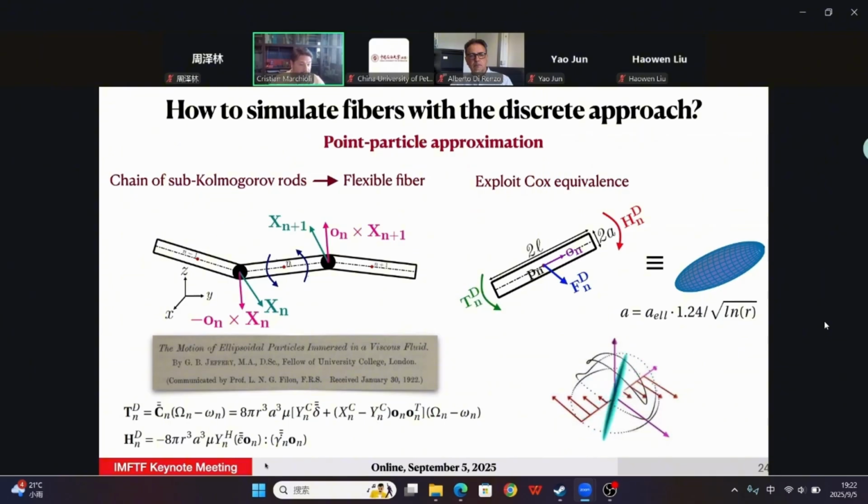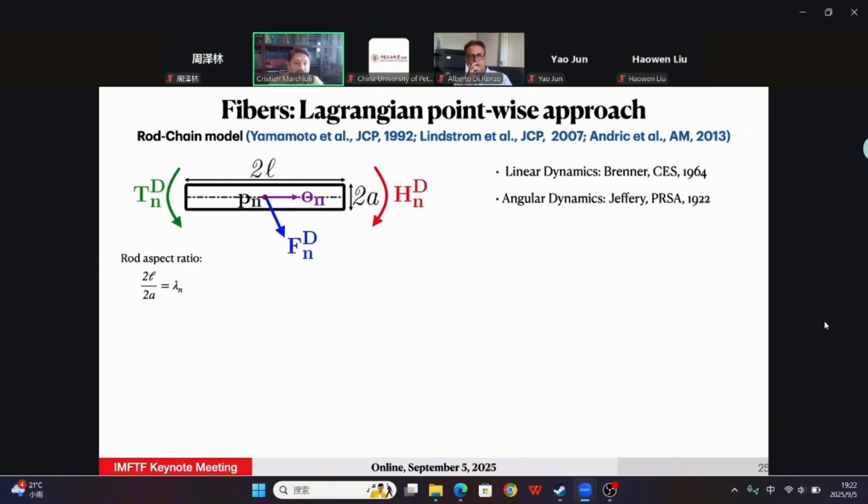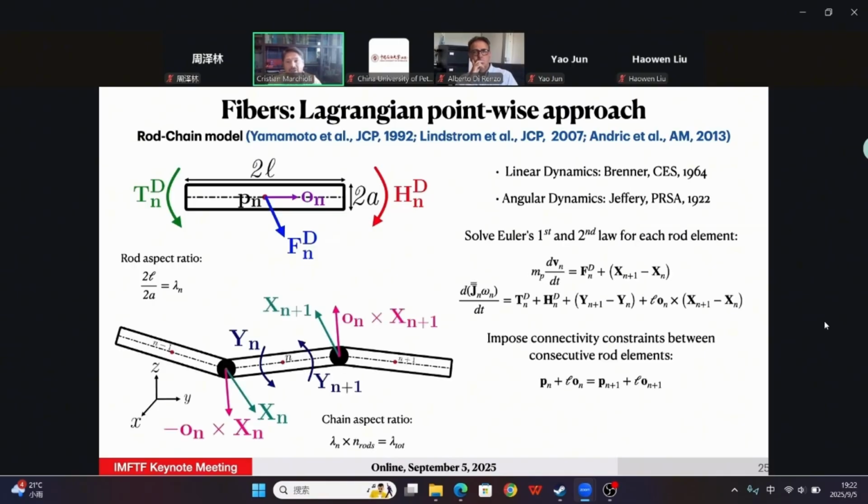So we are basically applying this expression to every rod in the chain. And when we put everything together, we have nice equations, both for the linear dynamics and, through these torques, the angular dynamics, which look something like this.